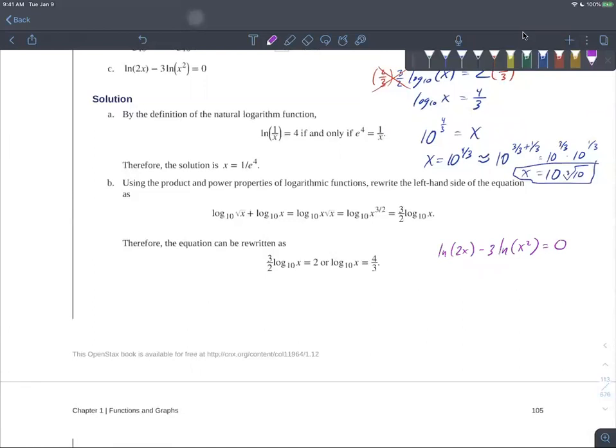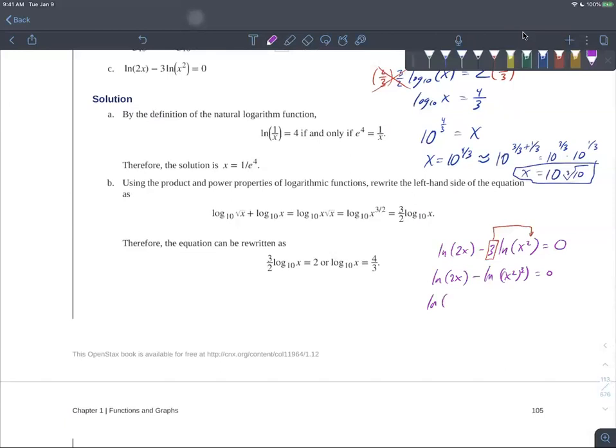So one thing we could do here is use that power rule. We can move this 3 back into the exponent, kind of using it backwards. This is minus the natural log of x squared raised to the 3rd power equals 0.